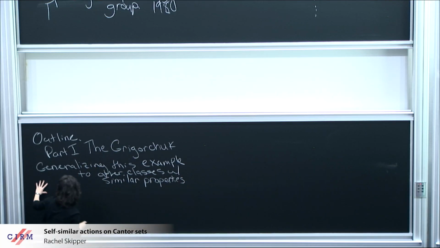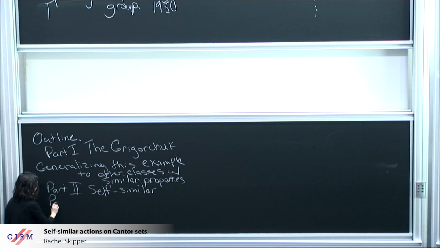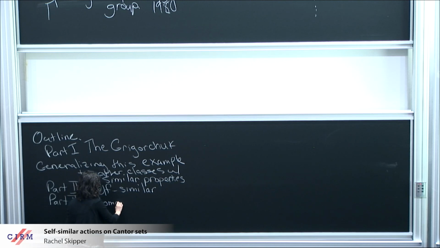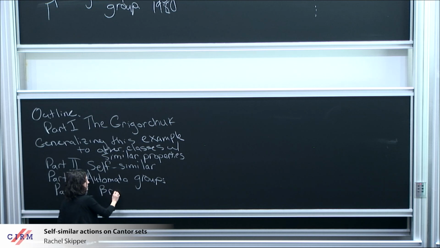Part 2 will be dedicated to self-similar groups. Part 3 will look at a subclass of self-similar groups, namely automata groups. And part 4 will be dedicated to branch groups.